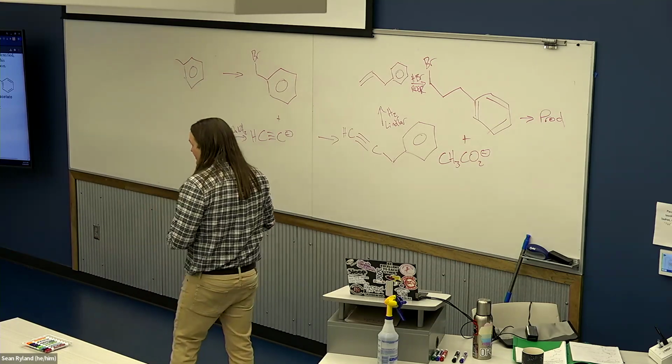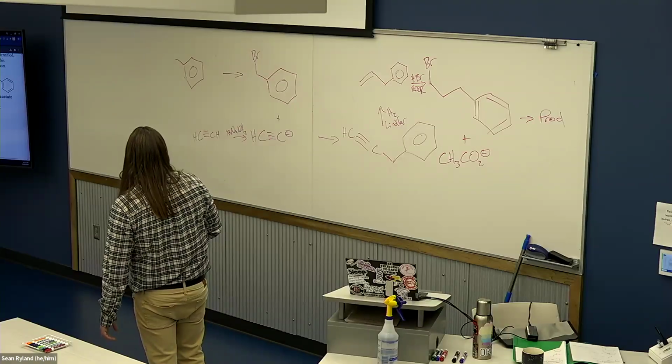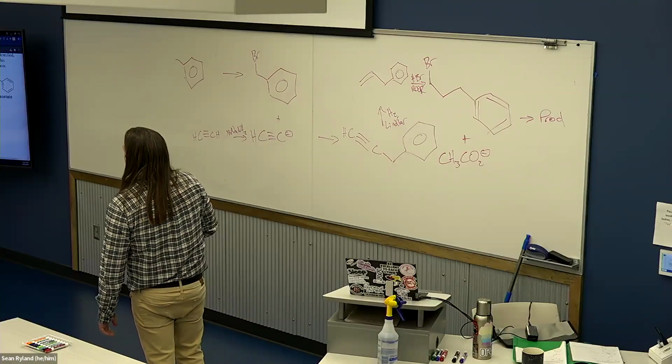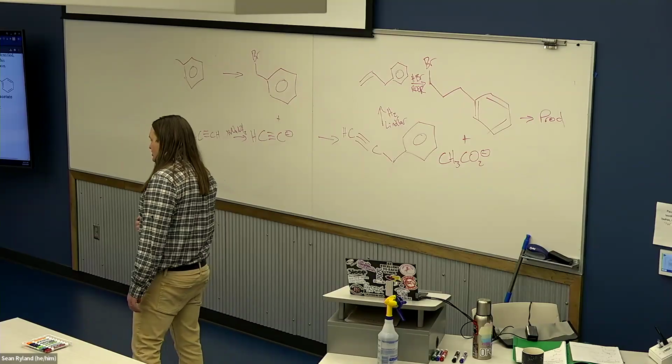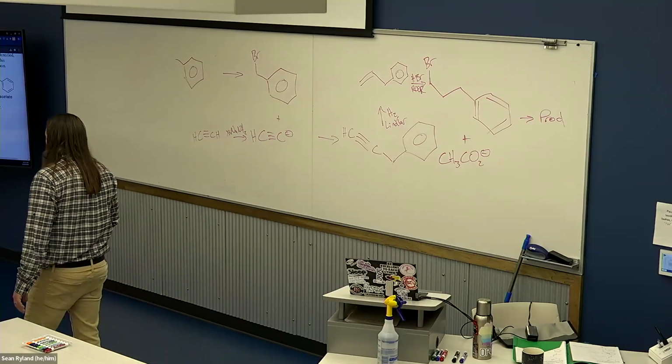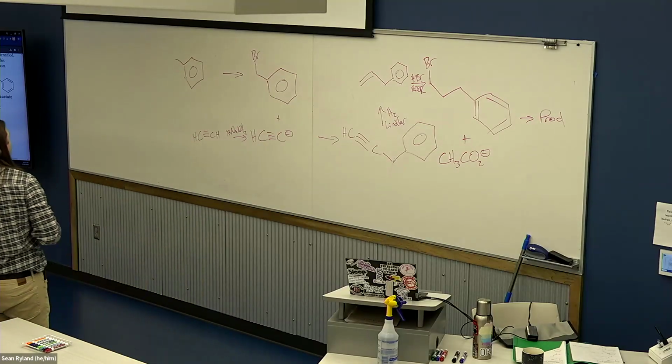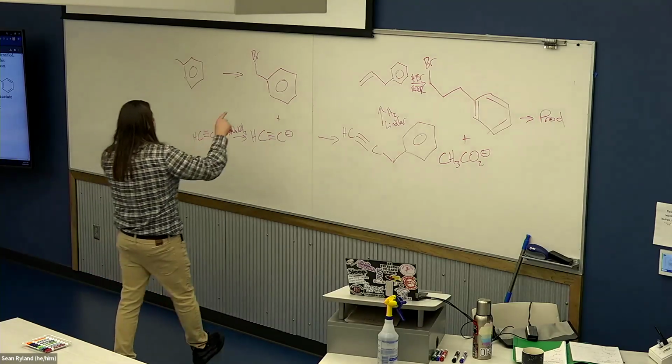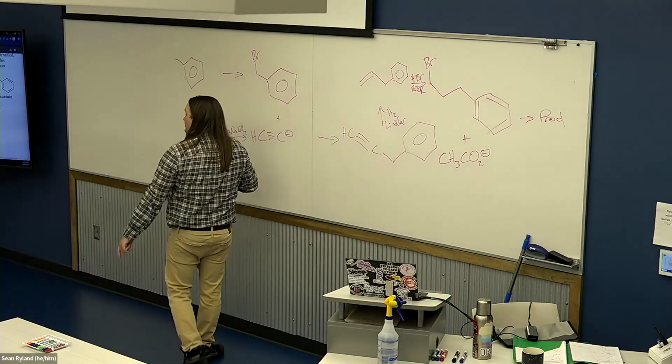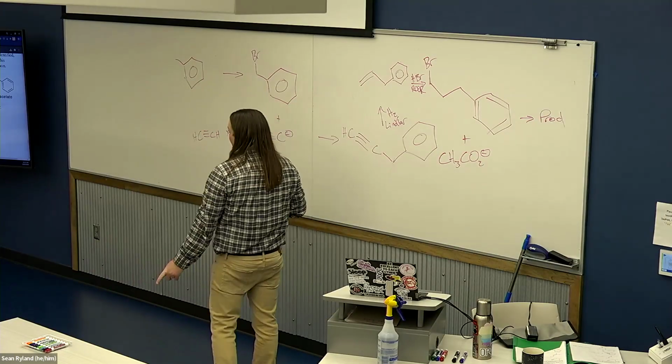Then the last piece is how do we brominate the benzylic position on toluene? We only have one reaction that does that. And it was one of the mechanisms we just looked at.